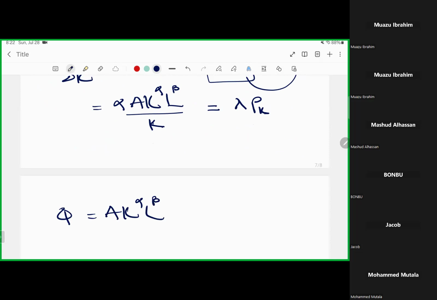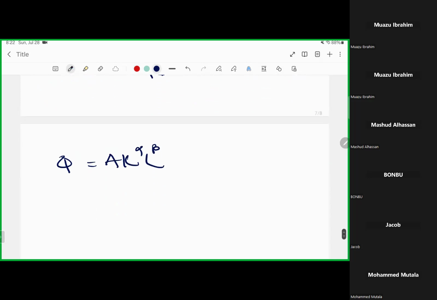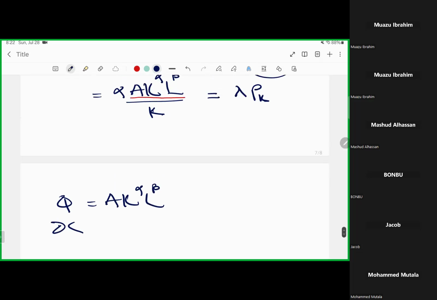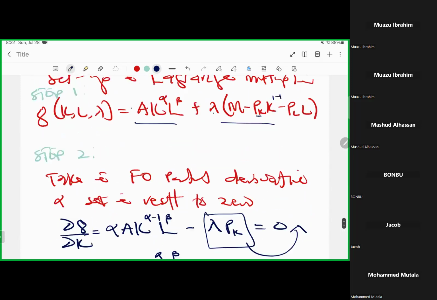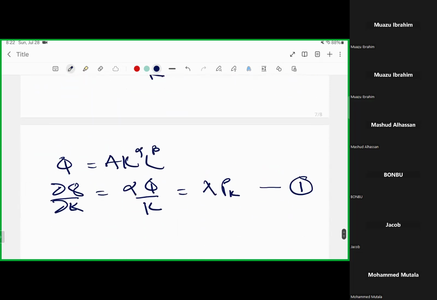Is that not it? So in place of this one, we can put Q there. And this would simply mean we are still having alpha Q all over K equals lambda P_K. This is the same thing as equation 1. Now let's proceed.